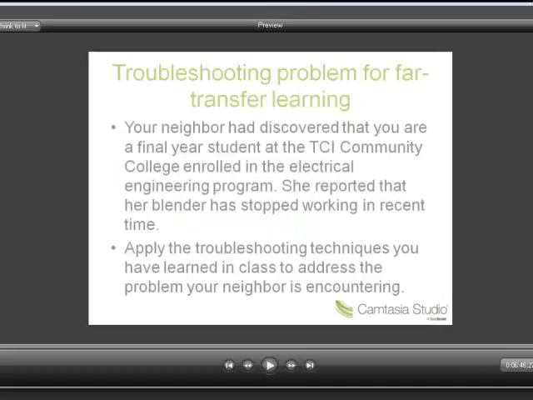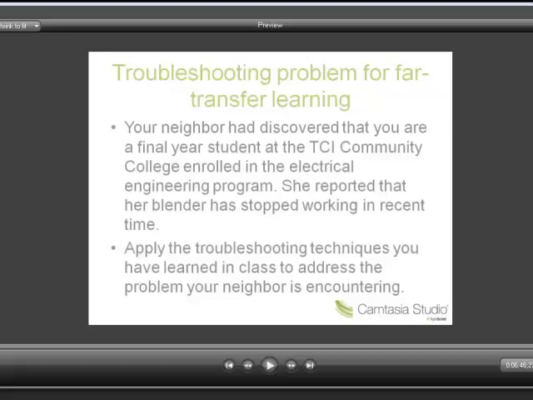Finally, this practice exercise will give students the opportunity to use the troubleshooting process to demonstrate their far learning experience that can be used at any time in the near or distant future.